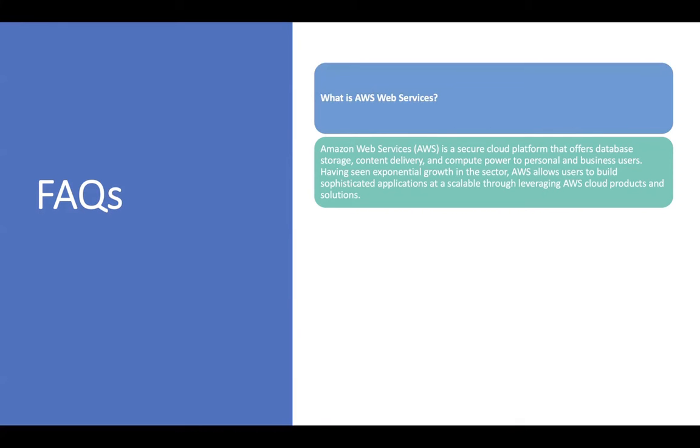What AWS generally does is provide storage, content delivery, servers, and load balancing. You can use these services in AWS, and a user can build an application.